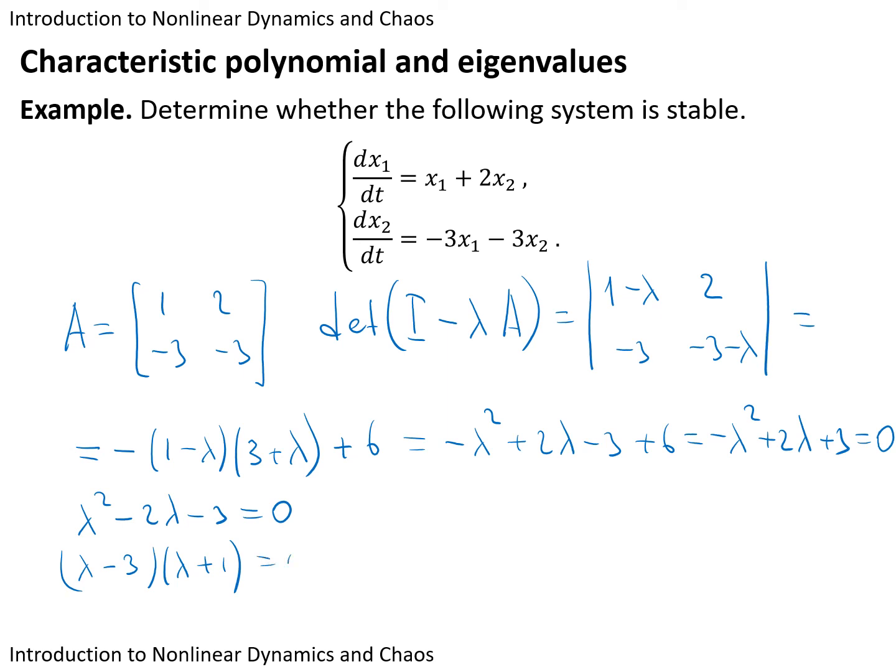So we have the following eigenvalues. First lambda is 3 and second lambda is minus 1. We see that one of the eigenvalues is a positive real number, which means that our system is unstable.